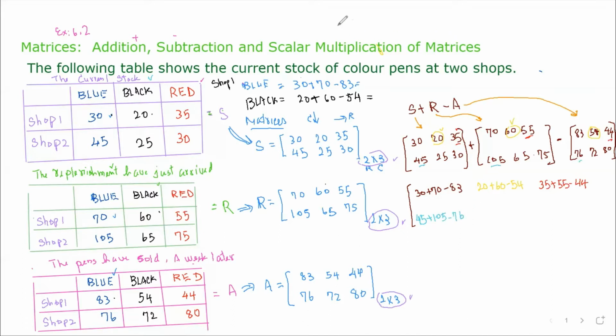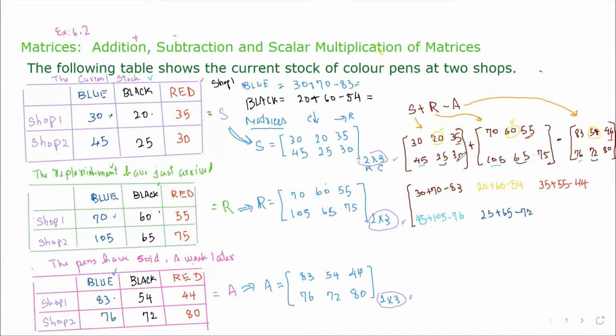Okay, and then do the next element. Like this one, 25, 65, and 72. So it becomes 25 plus 65 minus 72. Okay, try the next element.